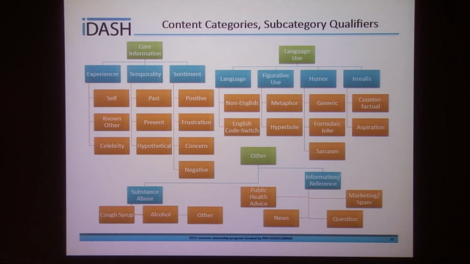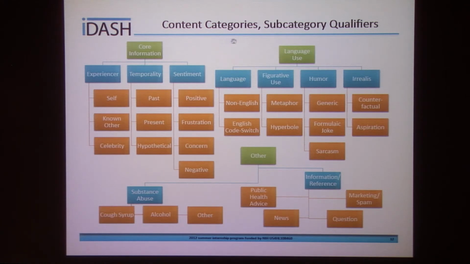Okay, so this is a summary of content categories and subcategory qualifiers that I've been using to annotate this set of tweets. There's a lot going on here, but I'll walk you through the important parts. We have three themes of content categories, the first of which is core information. This is marking things like who's experiencing symptoms, when they're experiencing symptoms, and how they're feeling about those symptoms.